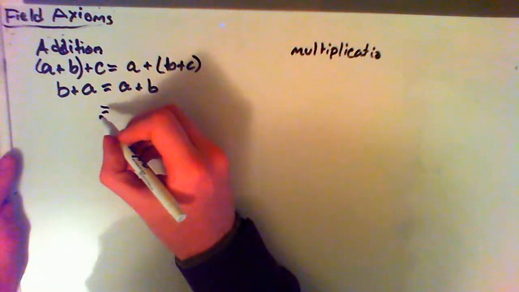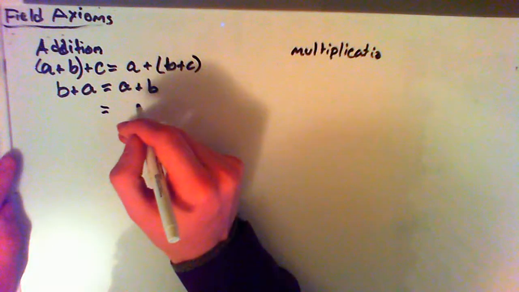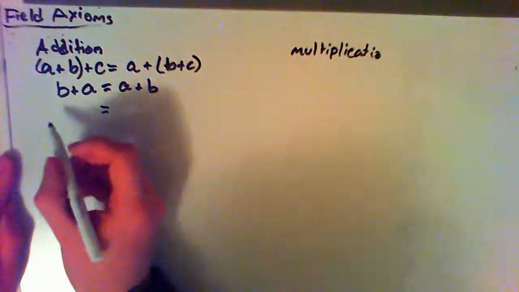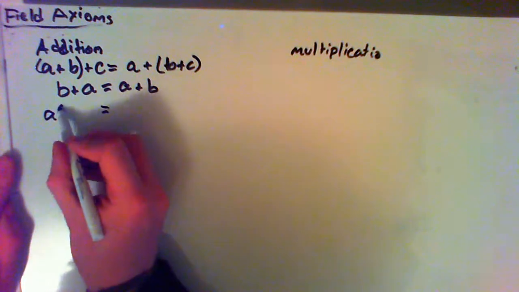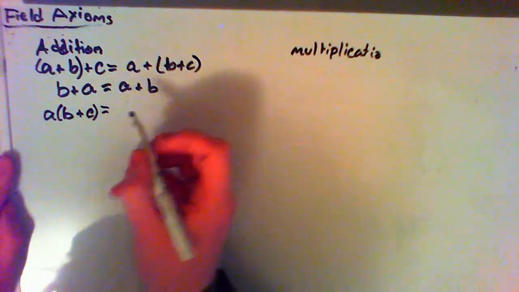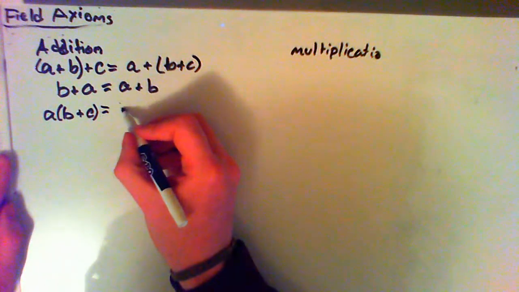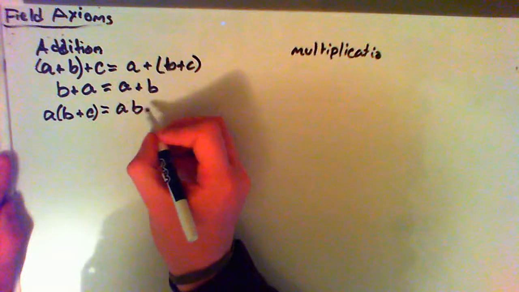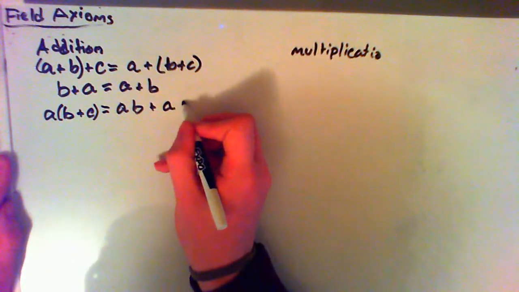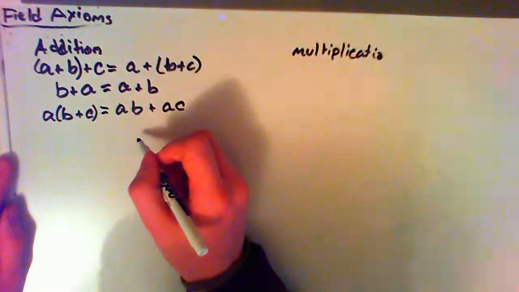Fair enough. Now this one is the one that's common to both, so we're going to take A multiplied by B plus C, and that's going to equal A times B plus A times C.